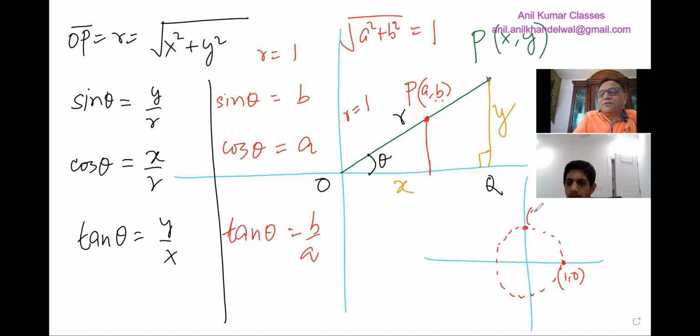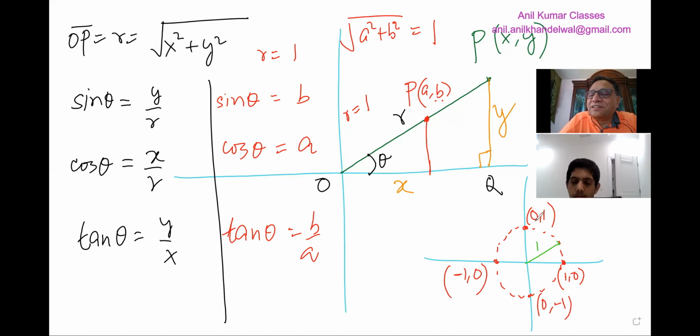This point is 1 unit away, 0, 1, correct? We call this a unit circle because the radius is 1 unit. So any point on this circle will be 1 unit away.